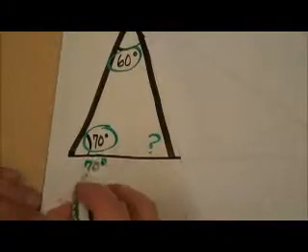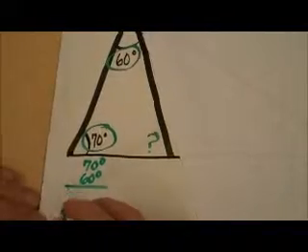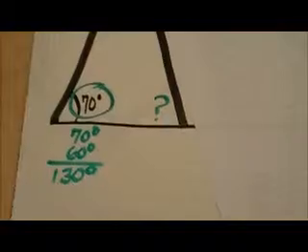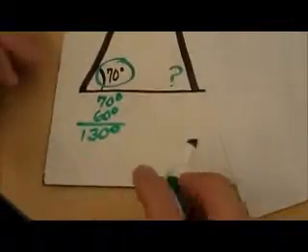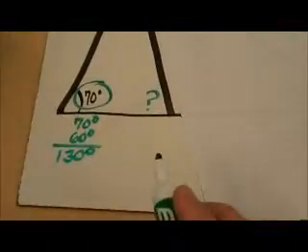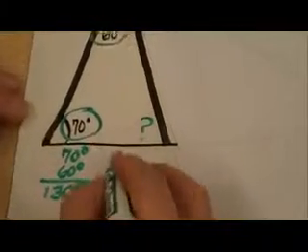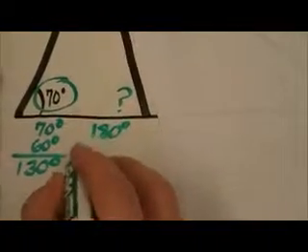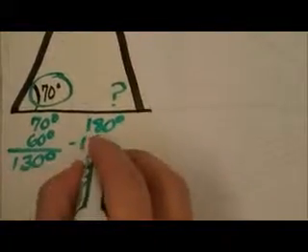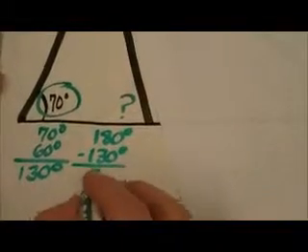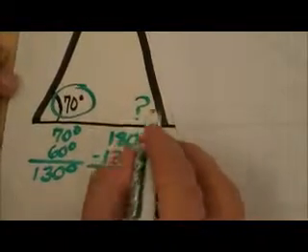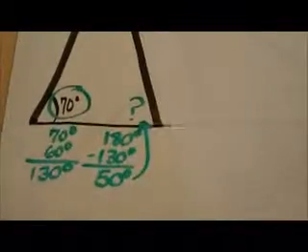My 70 degrees and my 60 degrees should give me 130 degrees total. I now need to find my third one because all triangles have 180 degrees. Perfect. So I have 180 degrees minus my 130 degrees should yield me 50 degrees for this angle.